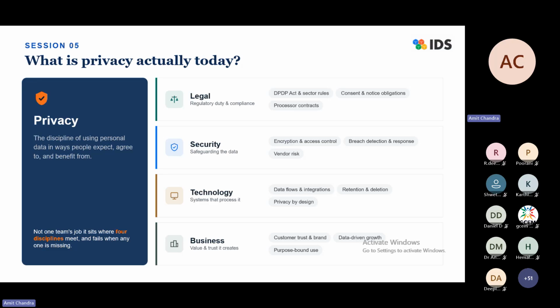You have to take care of all the security measures so that the data is not breached, whether through encryption, access control, breach detection and response, or vendor risk. This could be done with the help of technology, blockchain, or other media, and if you are using any cloud system or data center, you need to make sure it is done.